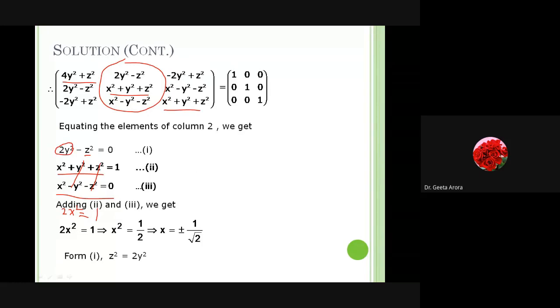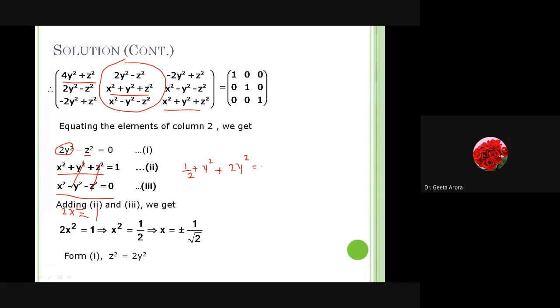If I take any one of the equations, because we know x square, let us take this equation and write down x square is 1 by 2, y square, and z square. Z square is twice of y square, because the equation number 1 gives me this relation. Z square can be written as 2y square.